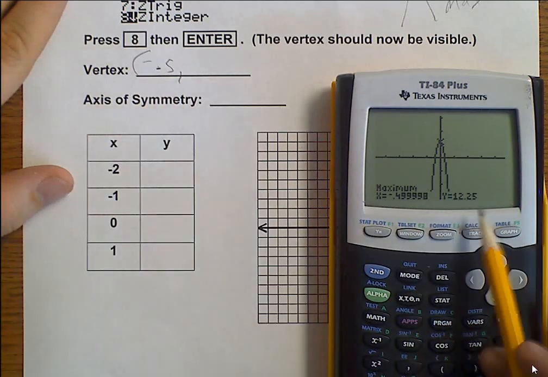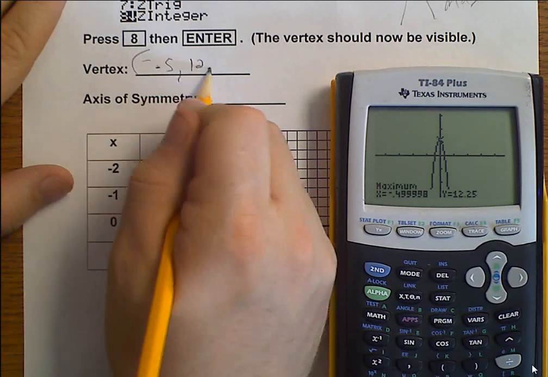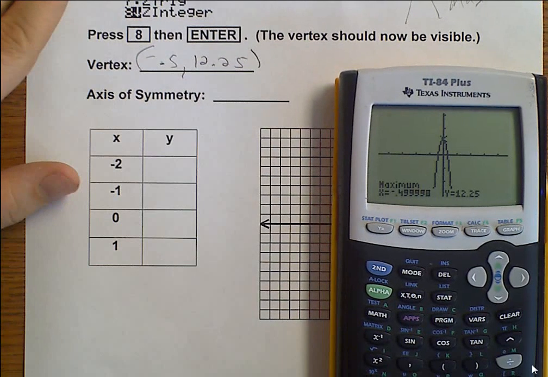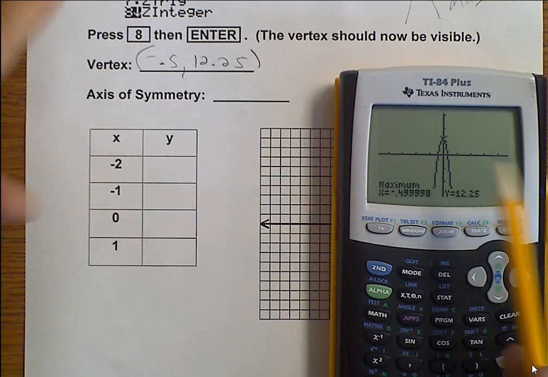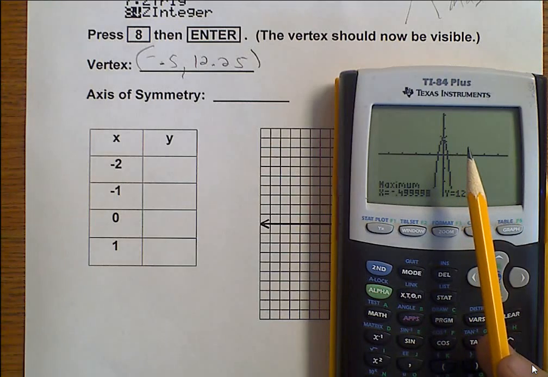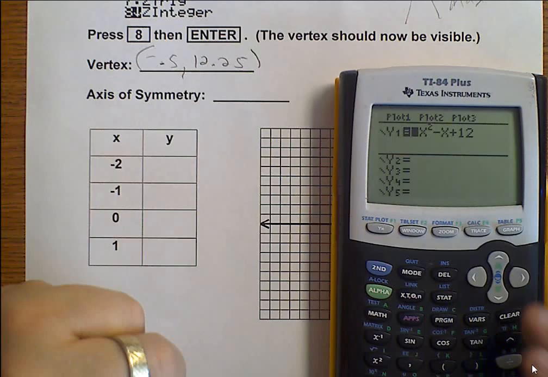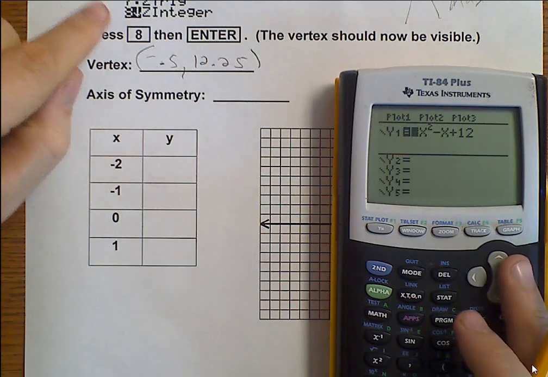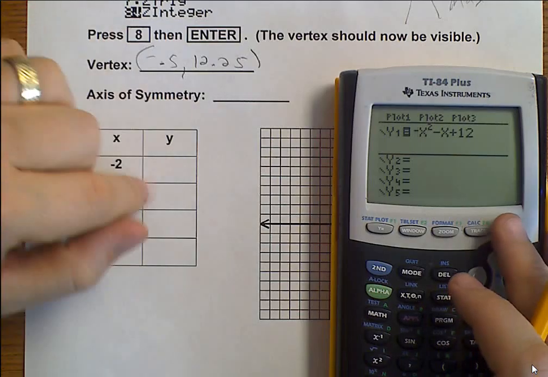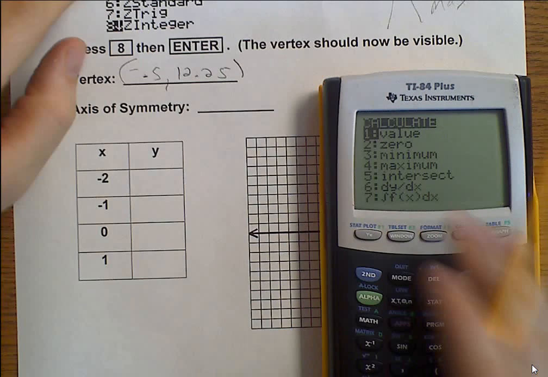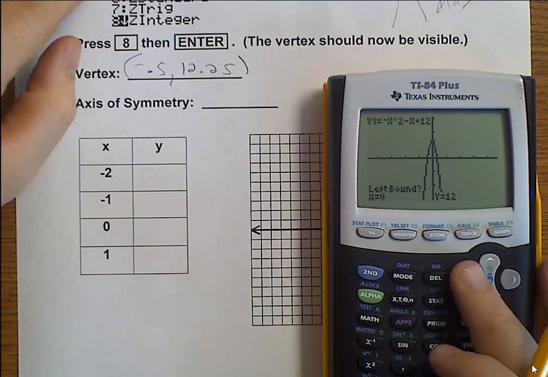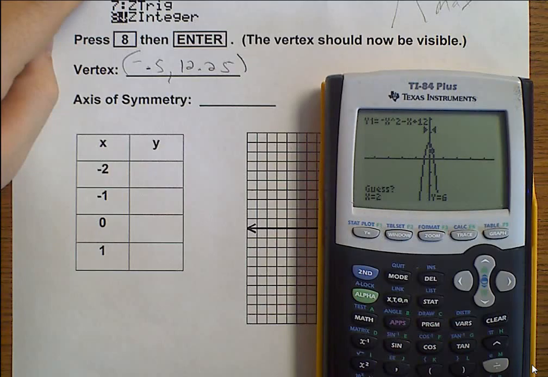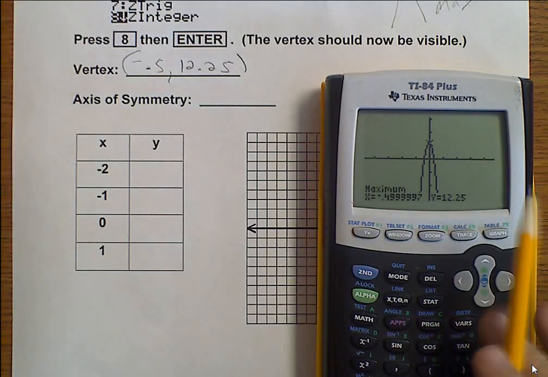And then 12.25. And that's our vertex. Just double checking myself. Yes, we get the same answer.